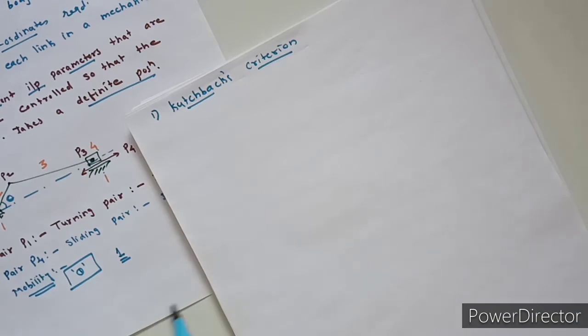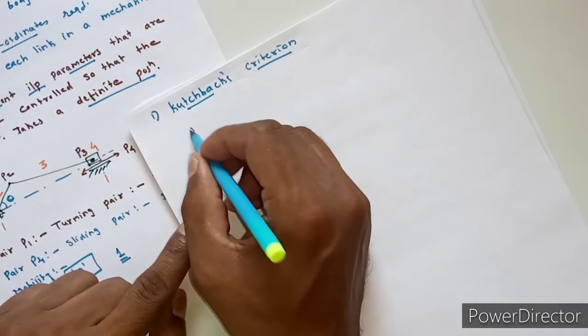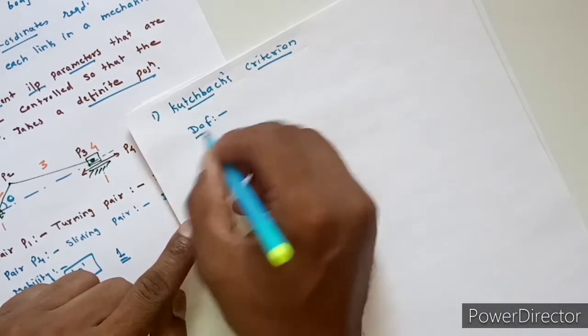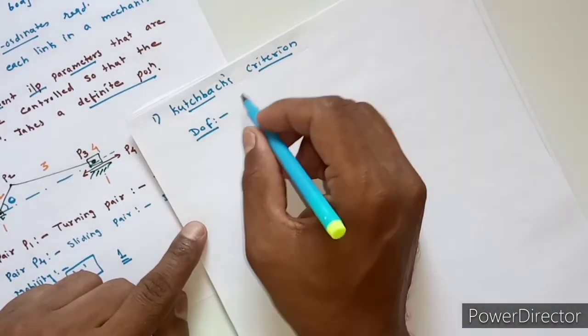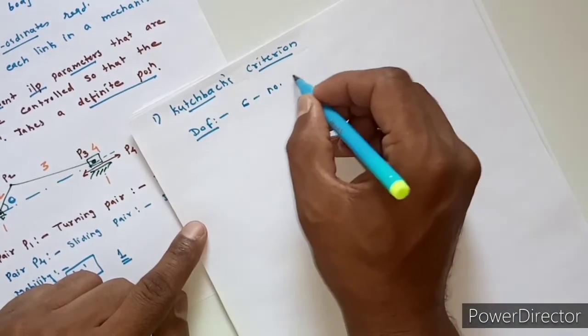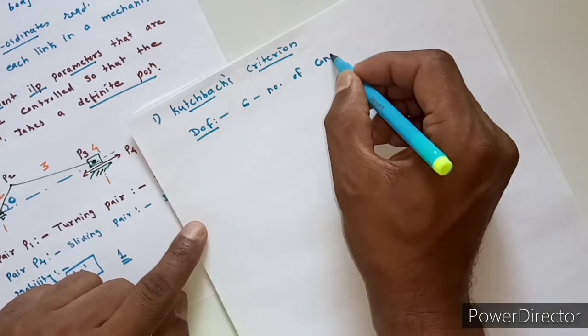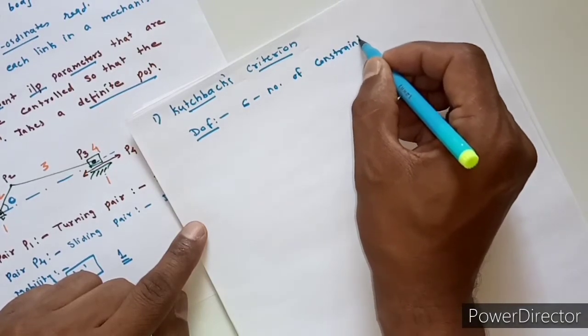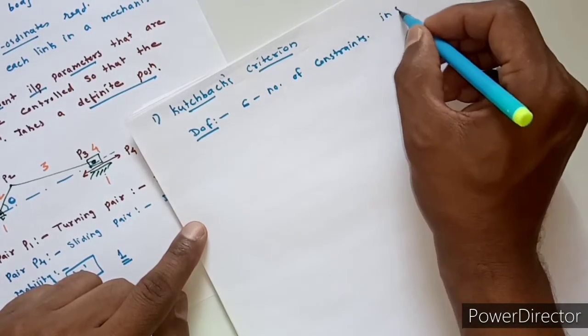Now degrees of freedom of a mechanism in space can be obtained as below. Degrees of freedom equals 6 minus number of constraints in space.